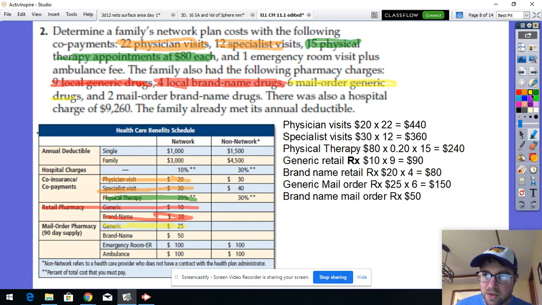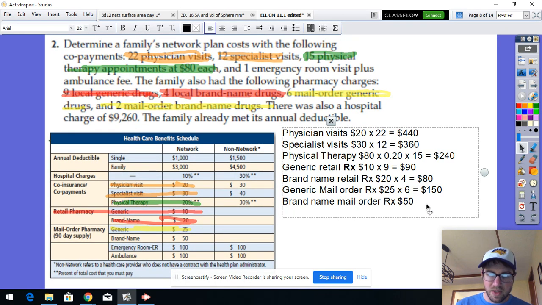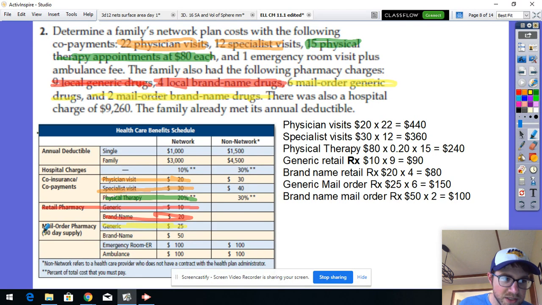And the last one of these drug type things, 2 mail order brand name drugs. So $50 for each of those times 2, that's $100. And again, if you're not sure why I said $50 each, it's mail order, brand name, $50 each.